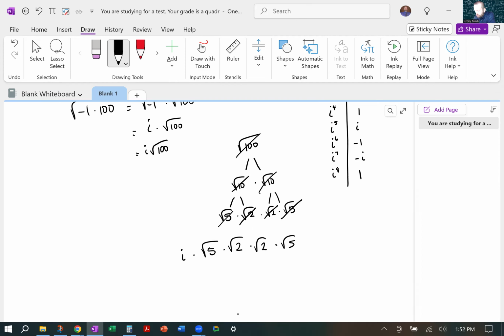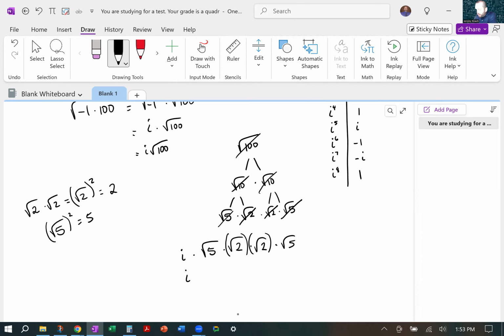And what happens is this, when we multiply these two square root of 2s, I'm going to write it on the side here, square root of 2 times square root of 2 is equal to square root of 2 squared. The squared cancels out the square root, and so now we're just left with 2. And you might have guessed it already. We have 2 square roots of 5 also, so that's square root of 5 squared, and that's just going to be equal to 5.